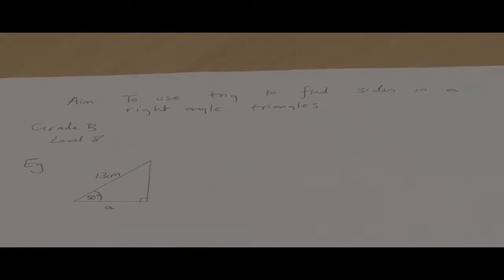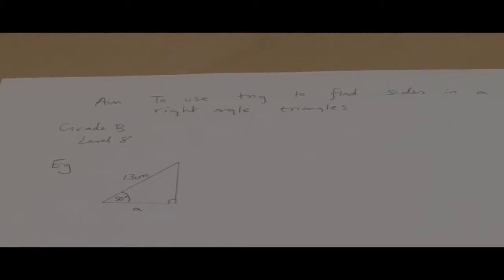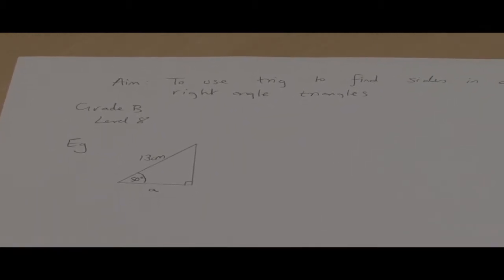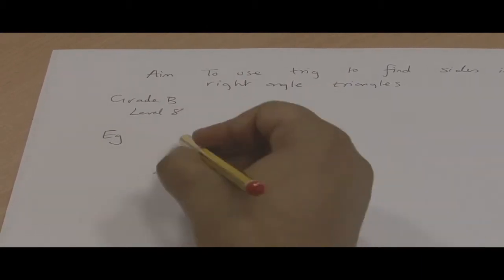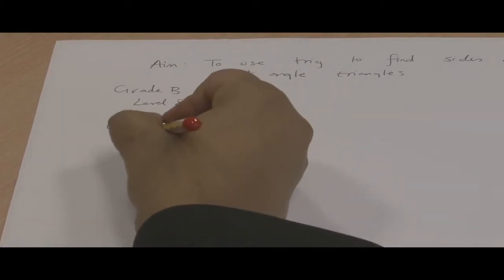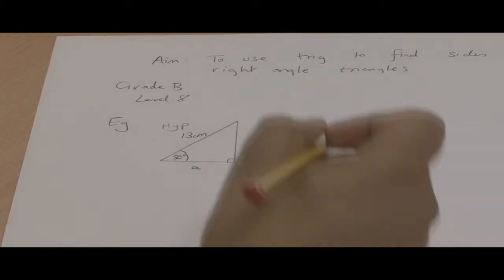The next step is we've got to describe the sides. The side opposite the right angle is always the hypotenuse.